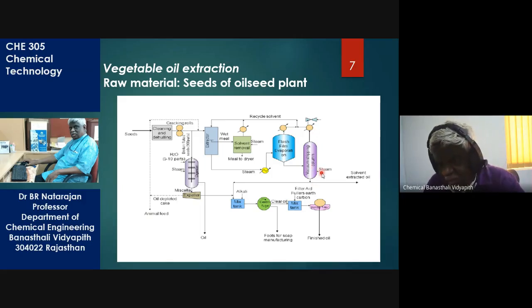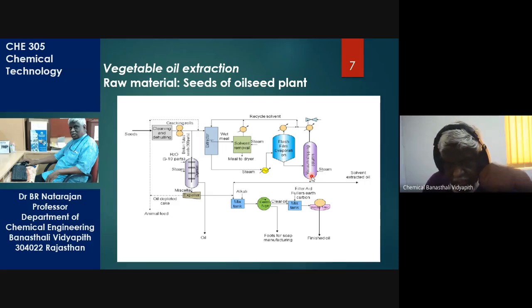The vacuum distillation is to ensure that the temperature conditions are not very severe and the oil doesn't get deteriorated. So we do a flash film evaporation, that is, reduce the pressure, because the pressure here and here will be different, and by reducing the pressure, the solvent is ejected out, which is recycled back, and then the oil goes into a vacuum distillation column.